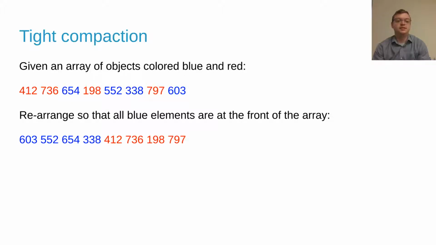It makes the examples easier, and it makes the runtime a little faster if you happen to know that half the elements are blue and half are red. But there's a quick reduction. Additionally, notice that the blue elements' relative ordering has changed from the first line to the second line. This means that the compaction is not stable.